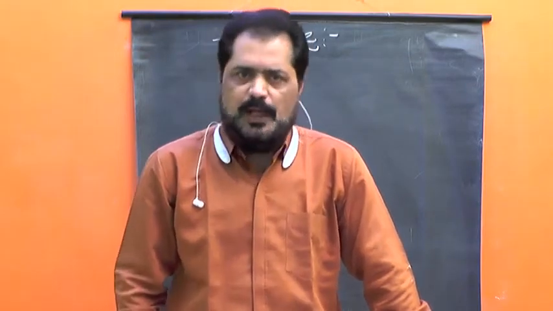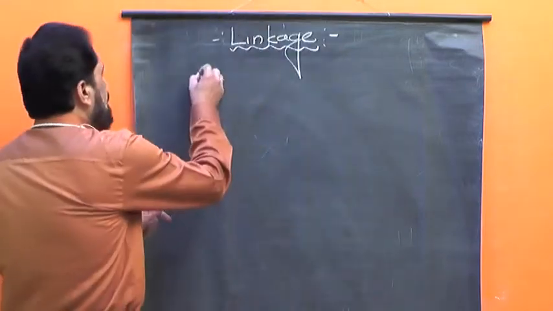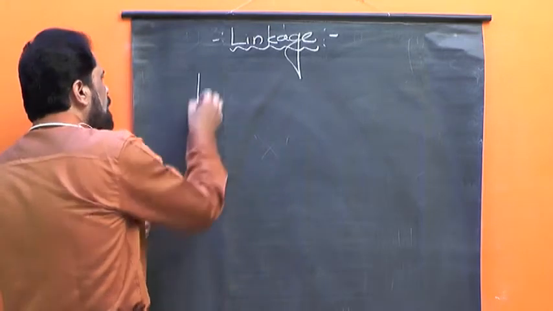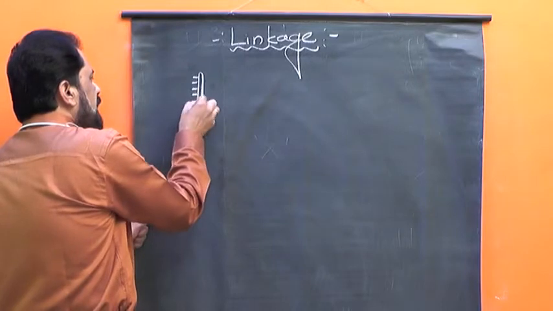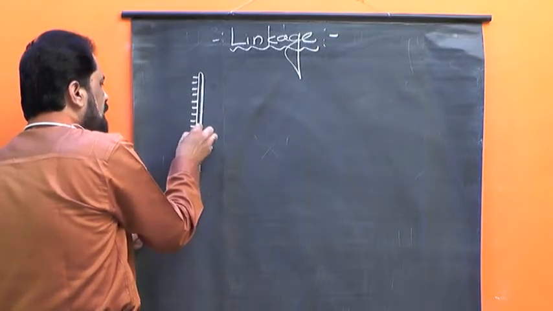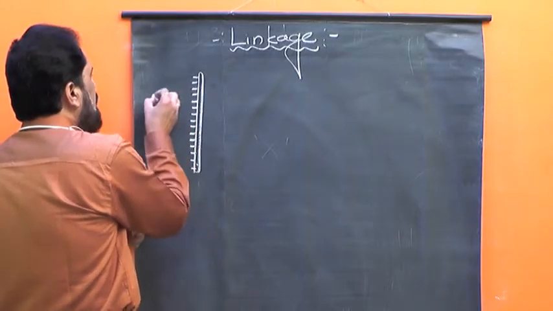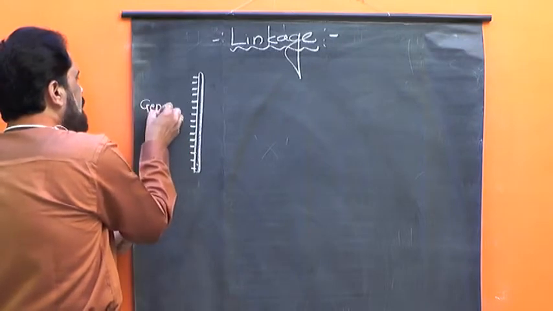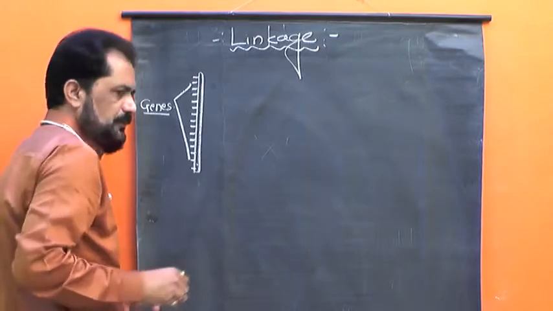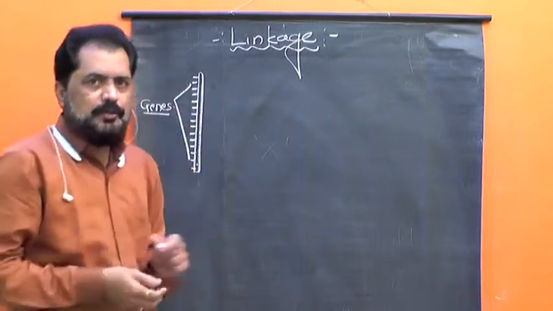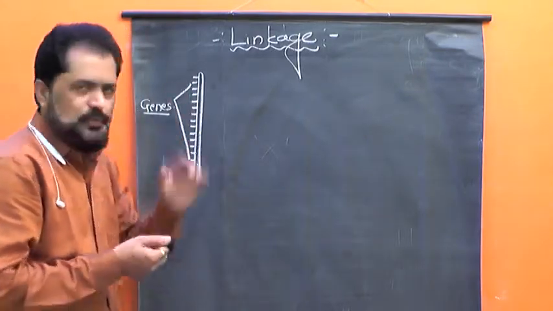Now, as I said, the chromosome contains so many different hereditary units, that is genes, in linear fashion. Consider all these are supposed to be the genes present on that particular chromosome.